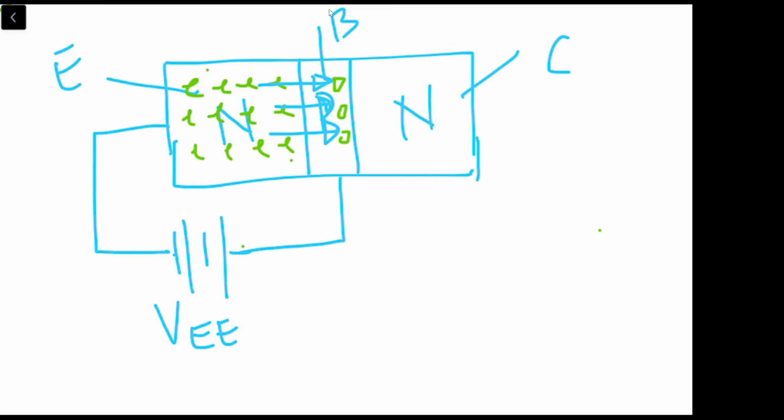But the rest of the free electrons will be moving across the junction, which is the emitter base junction. They won't be able to get into the holes because the holes are limited in number as compared to the free electrons being generated by the emitter. So only very few of the free electrons will get into the holes.